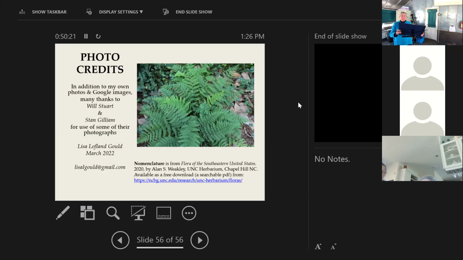Well, it's where it is. Well, it's actually at the manor house. There's a tree on the back of the manor house that has resurrection fern, and that's where I've seen it. That's the only place I've seen it in the county, and I'd love to see it somewhere else.